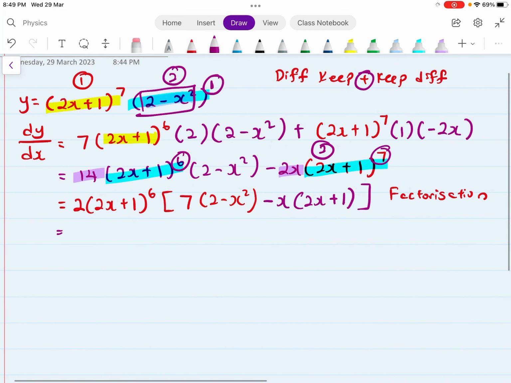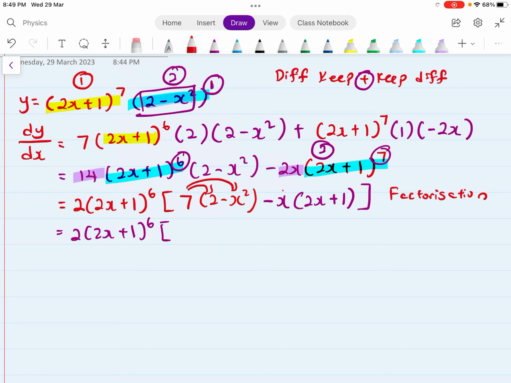So it's equal to (2x + 1)^6, square bracket, you expand here, and for the negative x, you expand inside. For the first, 7 times 2 minus x squared is 14 minus 7x^2. Then for this part, minus x times 2x is negative 2x^2.